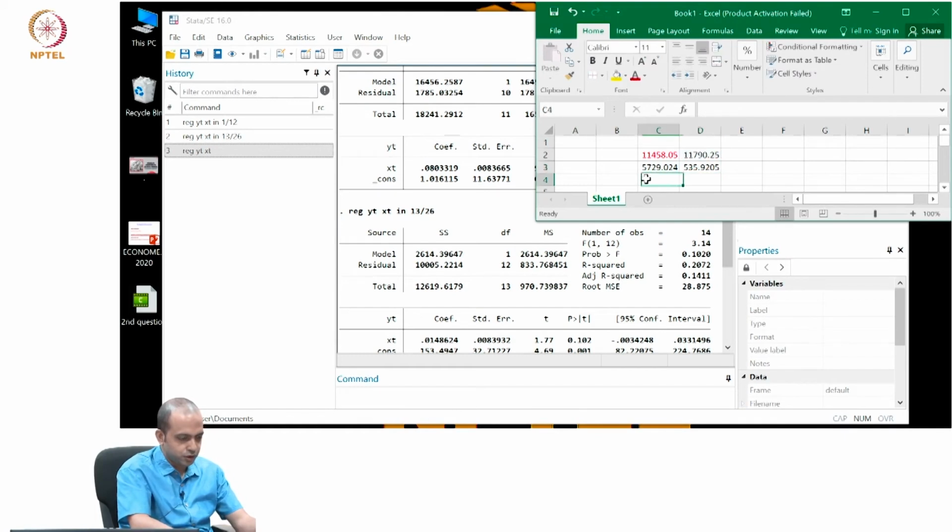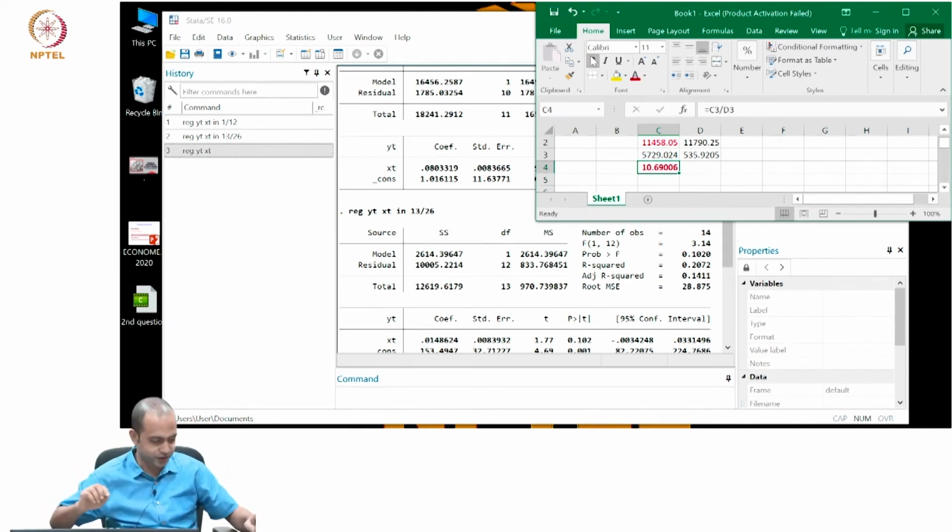Now, this divided by this, some 10.69, that is your F value, 10.69.